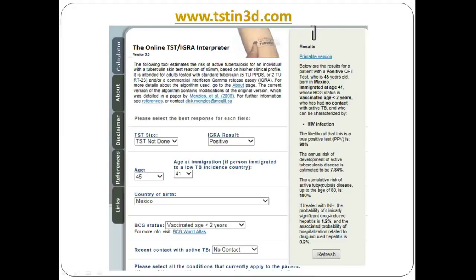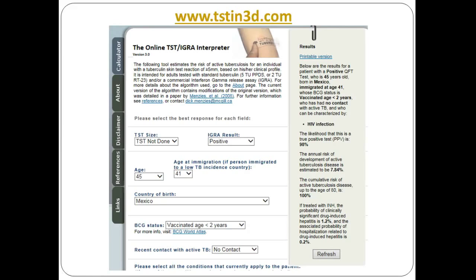And then the cumulative risk, for example, just putting HIV in the interpreter will give you that if we're talking about a young patient, somebody 45 years old, if that person is not treated and has HIV, the chances that at some point he's going to reactivate tuberculosis are pretty high, close to 100%.